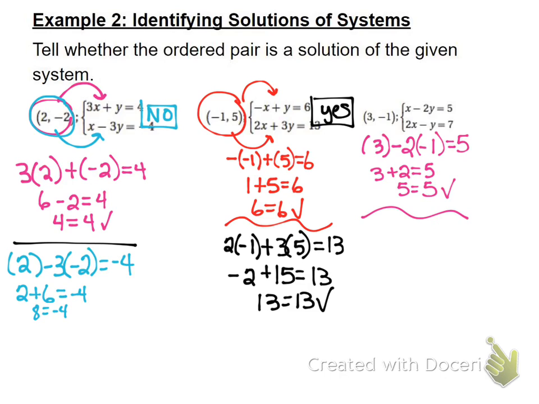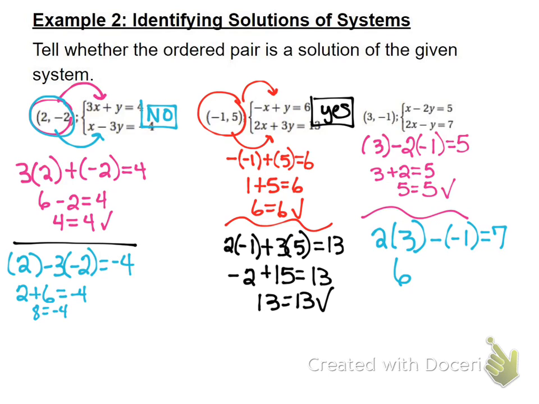Let's hear from Hannah. 2 times 3, 3 in parentheses, minus -1 in parentheses equals 7. Okay. Am I solving? I would like you to. 2 times 3, 6.